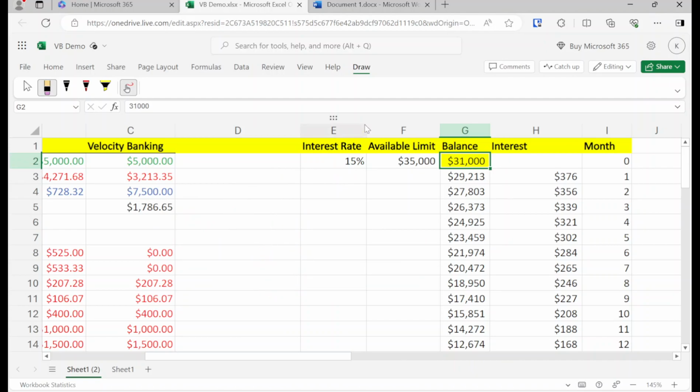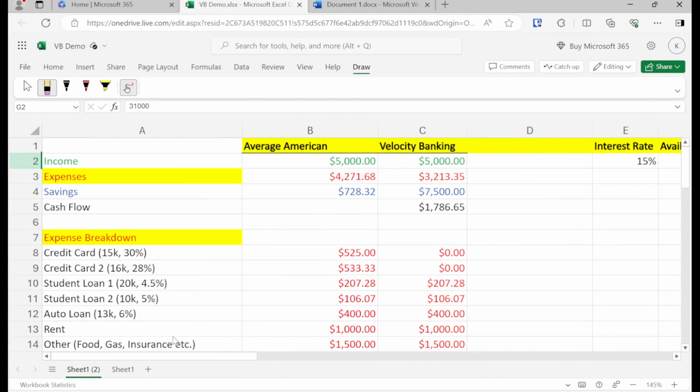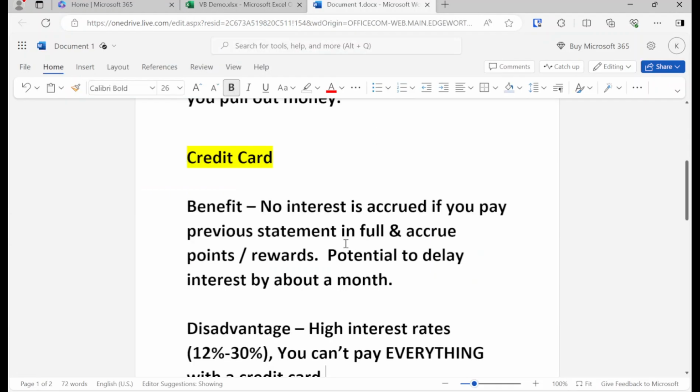But as I said before, now you understand that the implementation is the same, but you don't have to get rid of your credit cards. You just make sure that they're equal to this general number every time you're swiping every month. Now I know there's a caveat where Dave Ramsey says that the advantage of paying in cash is that you actually get to see the money go out, which is a fair argument, right? Which is why this part requires a little bit of discipline and not going crazy.